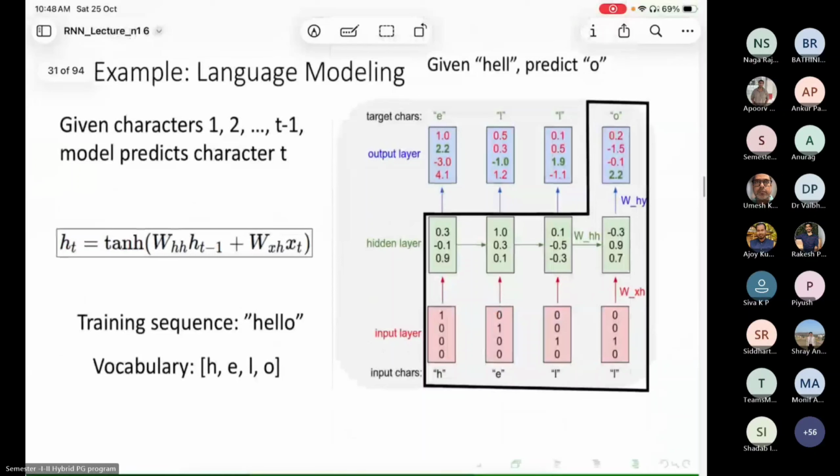Now you are at this point. You have covered the final L. Take this L, generate this state with the help of this and this, and then generate the output. Now this output should have the maximum value at this point because O has 1 at the end.